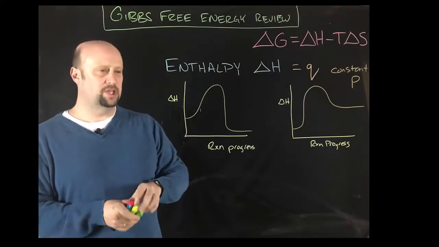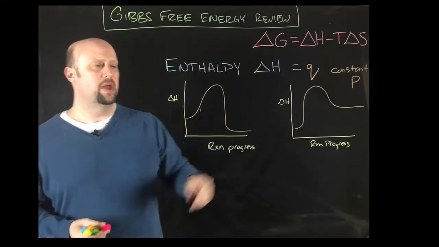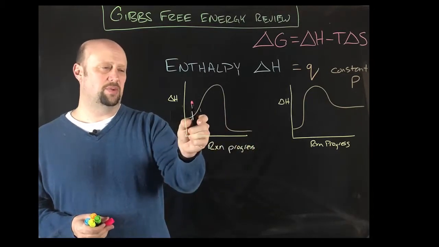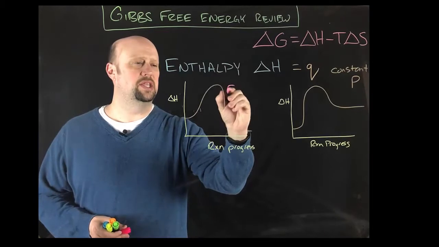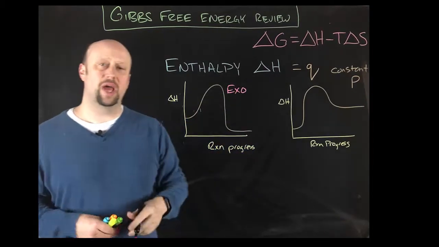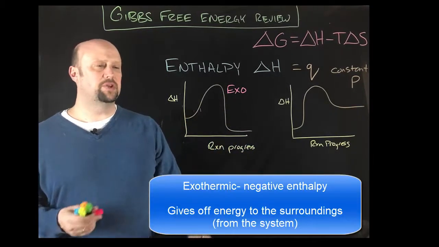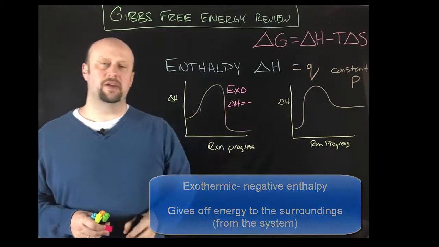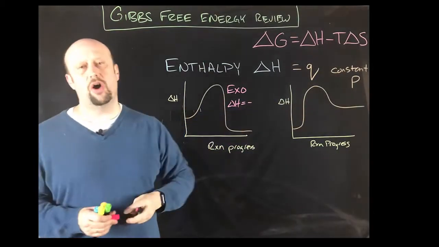What matters for us here is that in this diagram, I have a lower energy at the product stage than I did at the reactant stage, which means that this is what we would call exothermic. Exothermic essentially means that my delta H is negative, that heat is being given off into the surroundings.